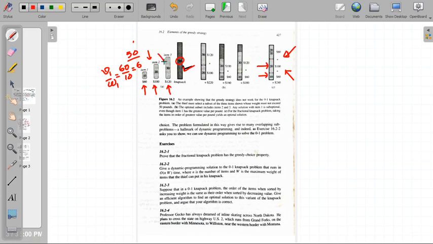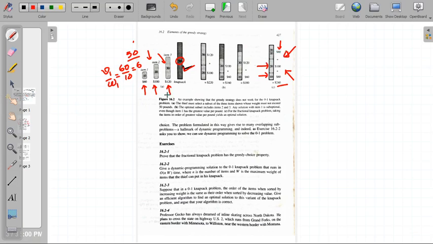But this item has 30 capacity and the knapsack capacity remaining is 20. As it is fractional, I can take 20 pounds out of that, and 20 by 30 times this 120 will come to $80. Okay, so that is the valuation. So this way we can fill up all the 50 capacity in the knapsack, and its valuation will be 240. So this is the fractional knapsack case, right?